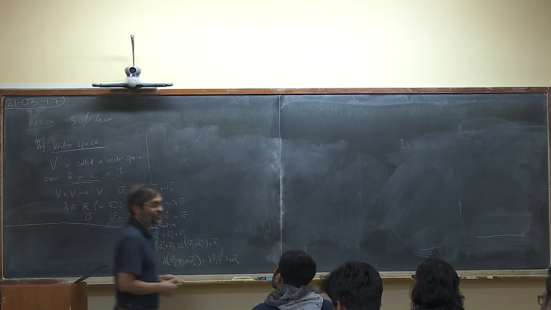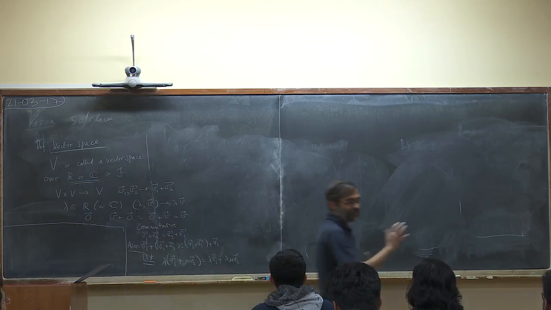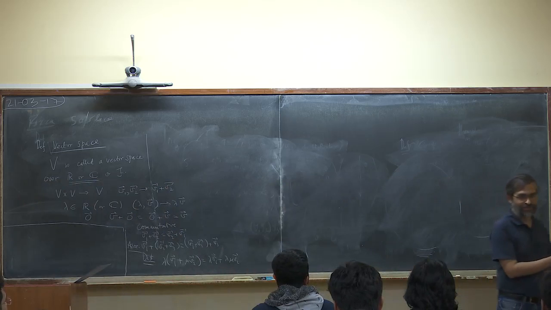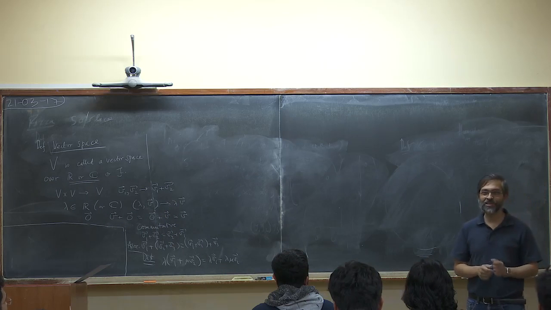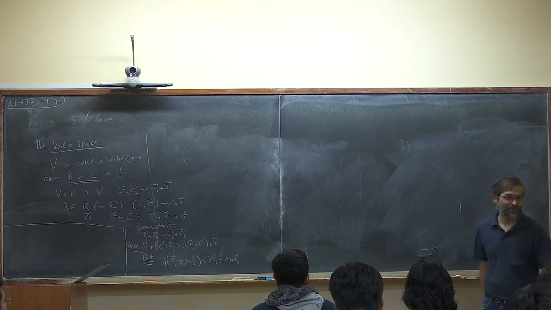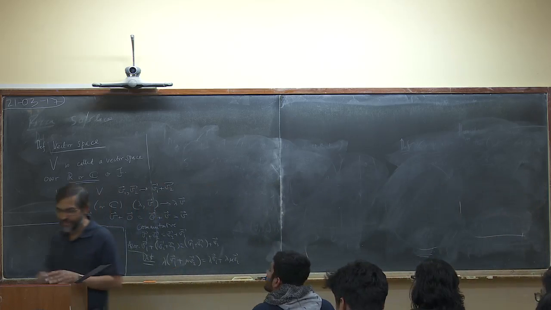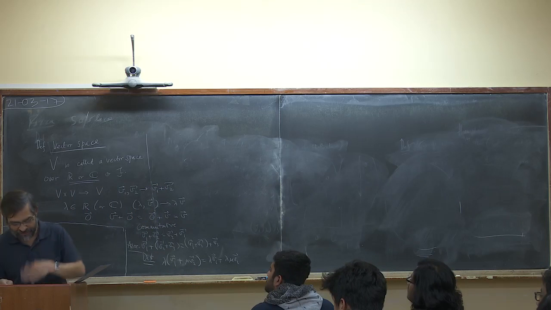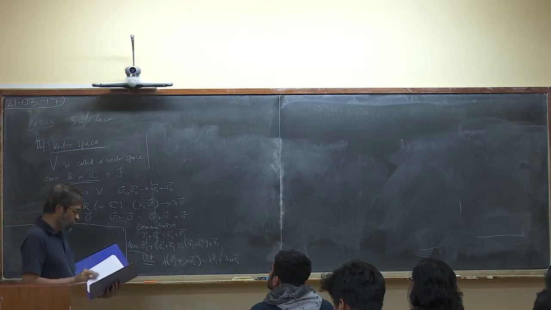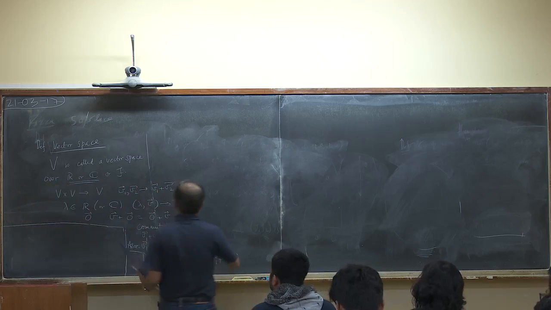But how do you go from this phase space description to a wave function description? For that, people have invented an entire discipline called geometric quantization. I can explain this later. All right, so good. So that's the vector space.